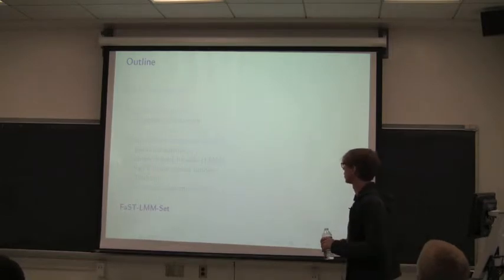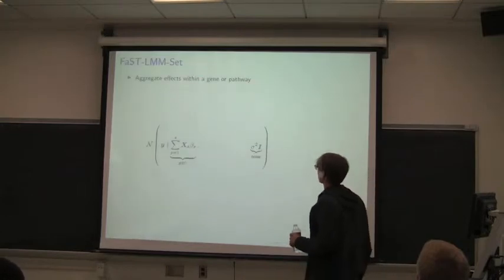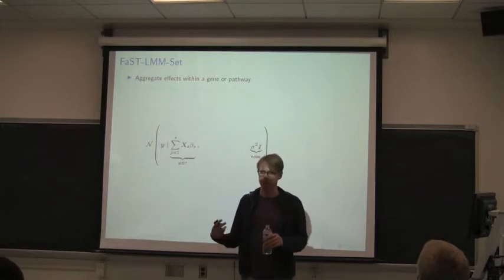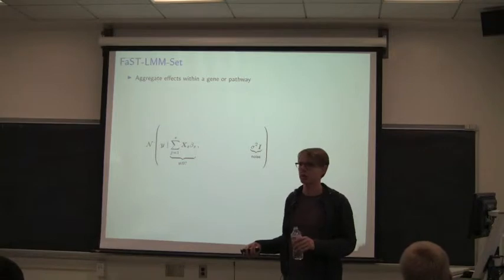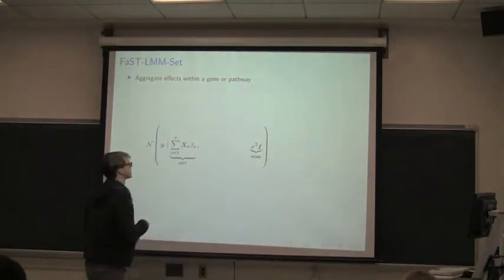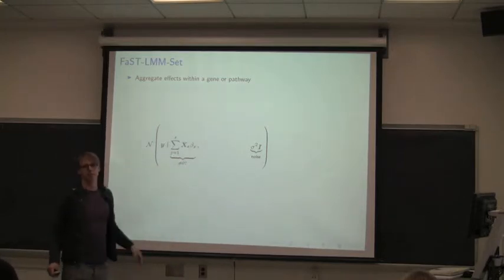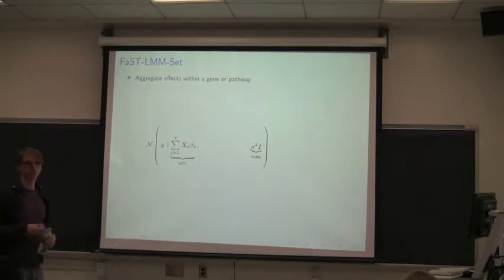The one thing that I didn't talk about, which is very similar again in application, is that we said we can estimate those variances and we can estimate heritability, but we can use the same trick also for testing. Say we have a given set of SNPs that we are interested in. We want to test whether they actually jointly explain some variance in the phenotype.